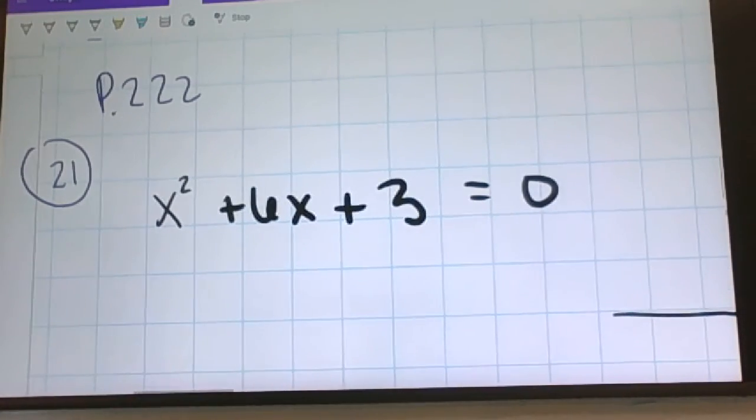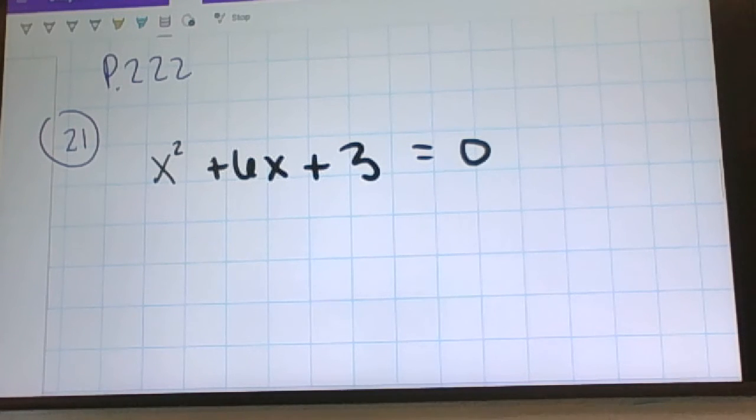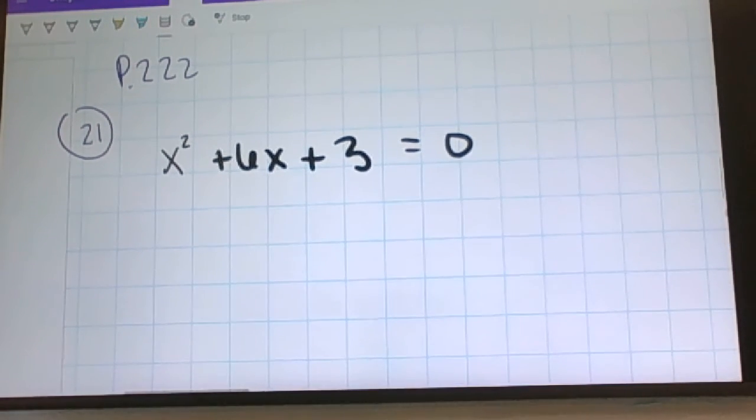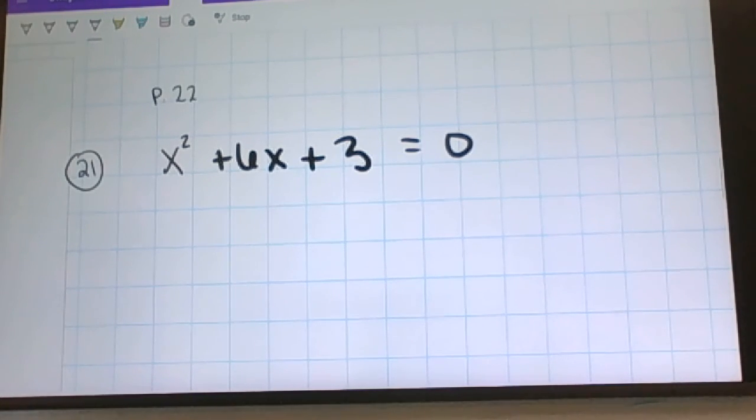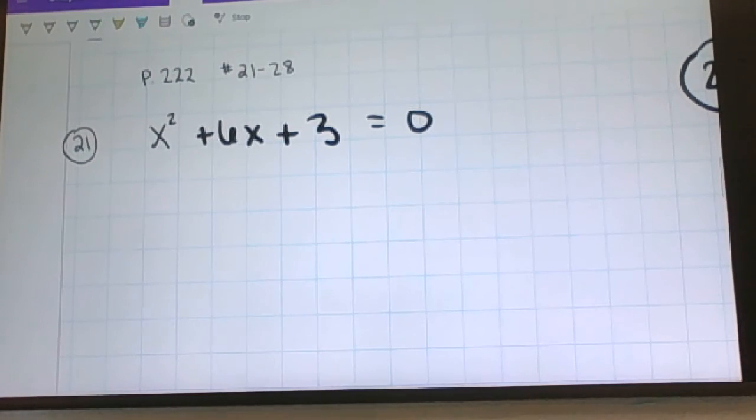Here we go. Alright, so nothing multiplies to 3 and adds to 6. So this problem is terrible. I'm going to rewrite it in a better way.